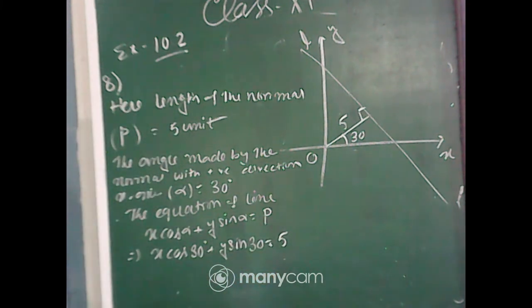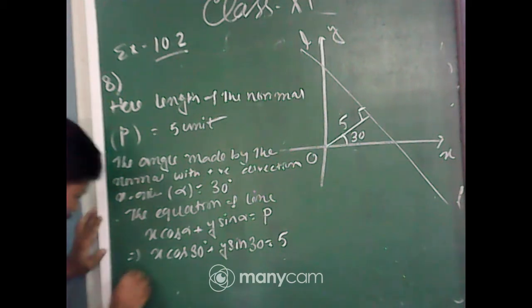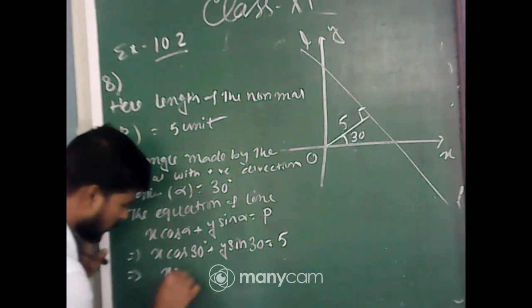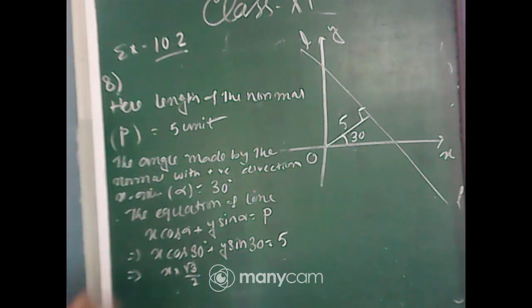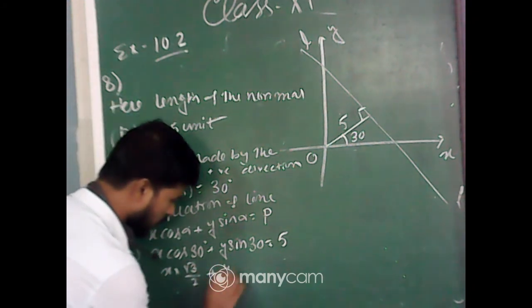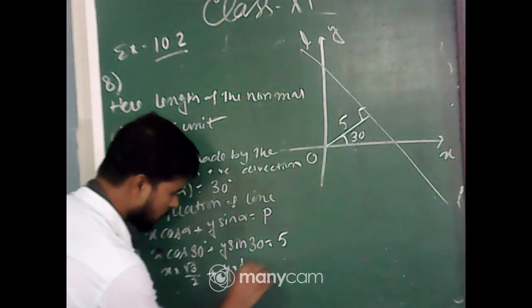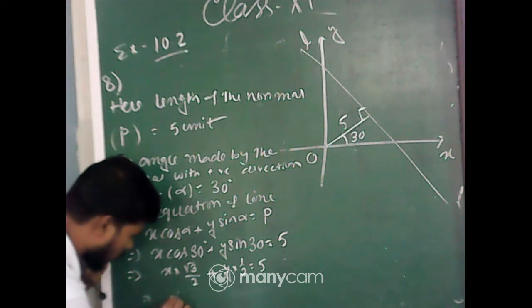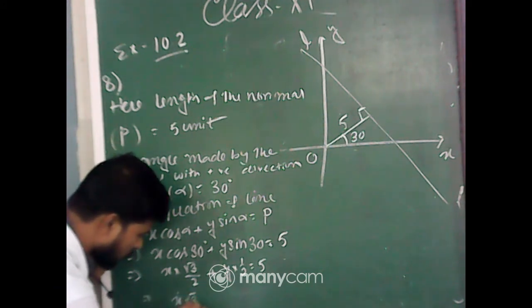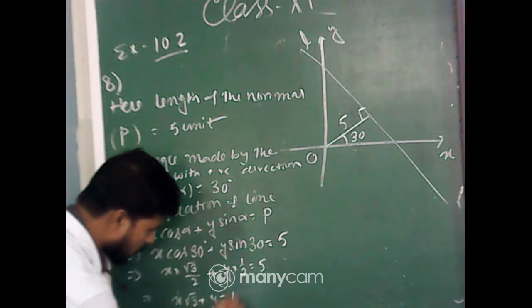Now tell me what is the value of cos 30 degrees and sin 30 degrees. I think you know it, but I'm writing. The value of cos 30 degrees is root 3 by 2, and the value of sin 30 degrees is 1 by 2, that is equal to 5. Clear? Now if I multiply the equation by 2, then we have root 3 x plus y is equal to 10.